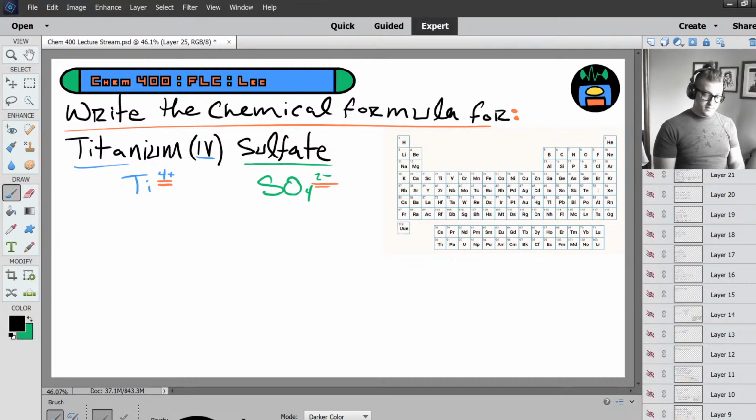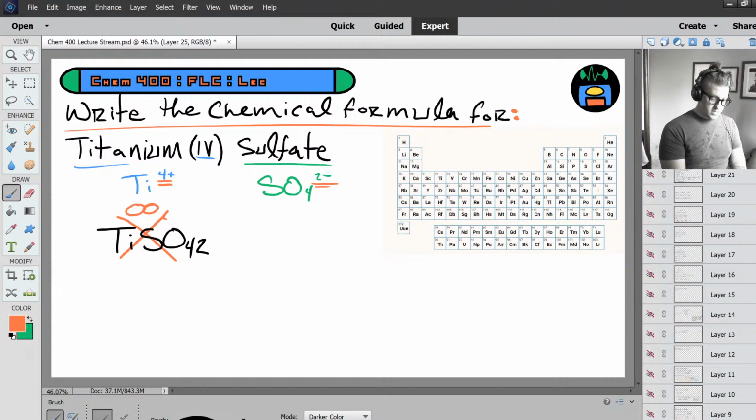But here's the thing. You cannot write TiSO42. All right, this gets you a skull and crossbones because that literally means 42 oxygens.